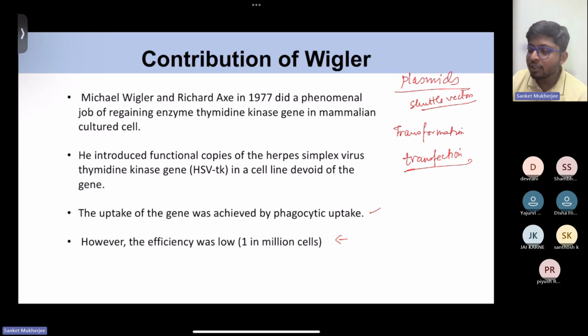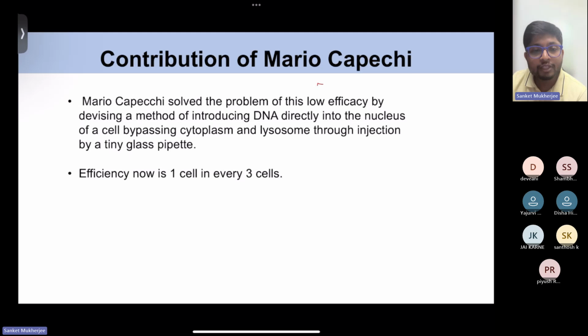Now, Mario Capecchi solved the problem of this low efficiency by devising a method of introducing DNA directly into the nucleus, bypassing the cytoplasm and lysosome, through injection by a tiny glass pipette. We also call this microinjection, and it's still practiced in some labs. It's still preferred. Which mechanism you would use to insert a gene depends upon a lot of factors, but microinjection was one of the things that he discovered.